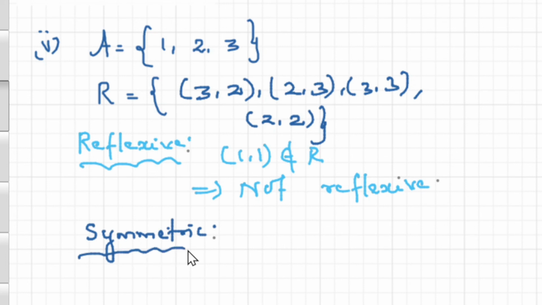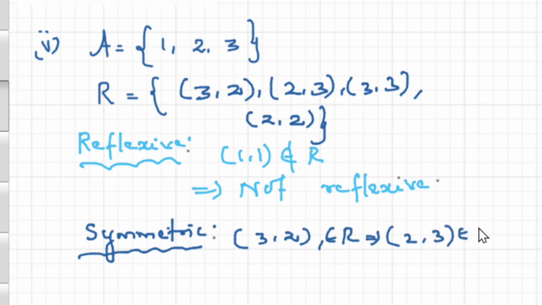In symmetric, if we take 3 comma 2, then 2 comma 3 is there. And it is 3 comma 3. If you interchange that, it is the same thing. So therefore it is symmetric.